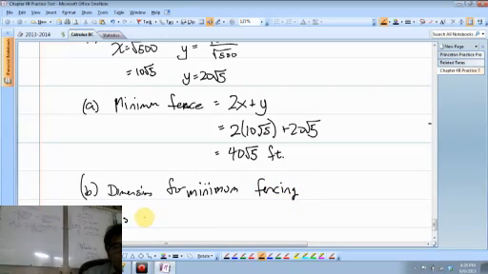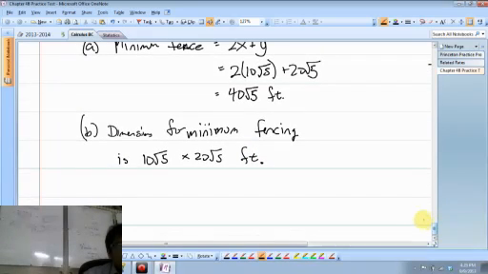It's 10 root 5 by 20 root 5 feet. And that is that. Where are we? Okay, we're going to take a small break, and then we're going to continue.